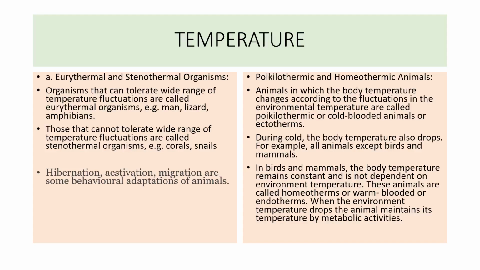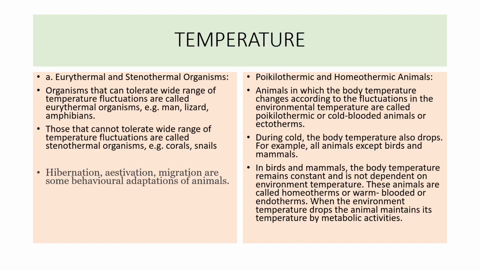So poikilothermal and homeothermal animals also vary in the temperature range. Those animals which cannot change their body temperature because of change in the outside temperature are known as the poikilothermal animals, whereas the homeothermal animals are those which can keep their internal temperature constant whether the outside environment temperature is changing or not.